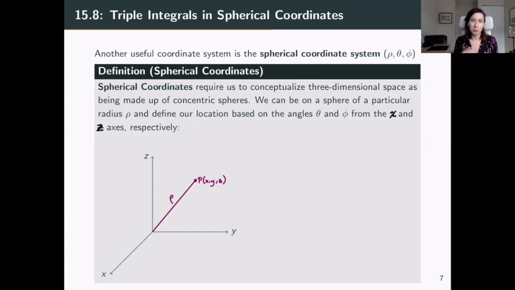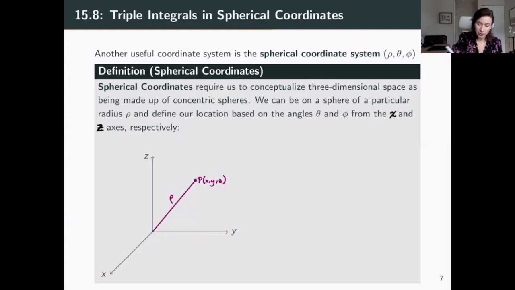Now that I have rho, we're going to have to set up a whole lot of other things to understand not only which sphere we're on, but where we are on the sphere. I know that I'm going to be on a sphere of radius rho, and so if this is my length rho, then my sphere is going to be generated by taking all of the possibilities of moving this radius around.